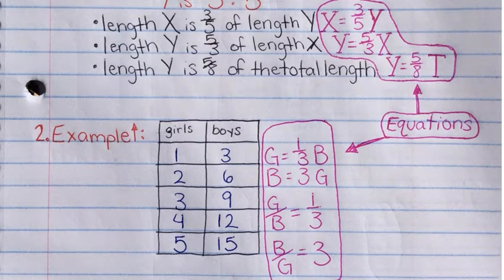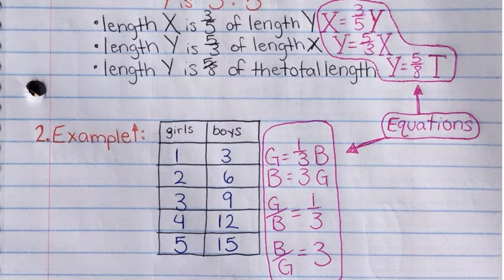Sorry, trying to get my little pointer finger back. The length y is 5/3 of the length x, then here we have y is 5/3 of x. Okay? And the same thing here. The length y is 5/8 of the total length.